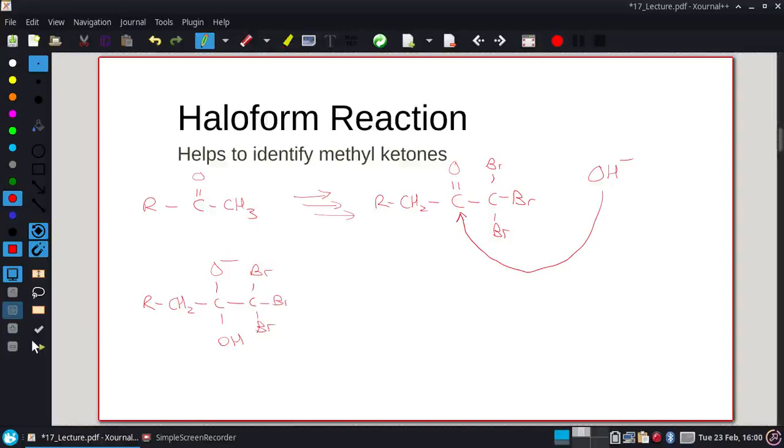But this one's kind of neat because what's going to happen is we're going to rip this off. This thing is now a decent leaving group, and we're going to end up with 2 things. CH2, and now this is back to a carbonyl, but with an OH, and this, I'm going to simplify rather than write it out, is just a negative species.